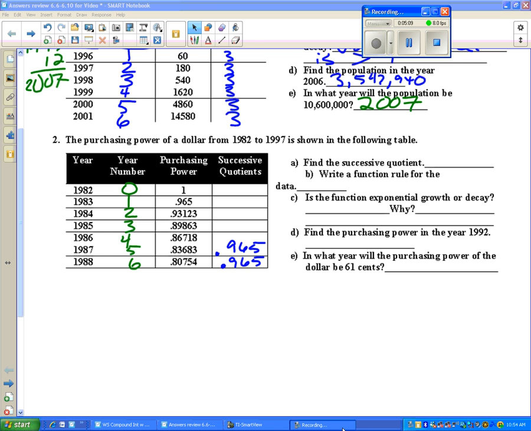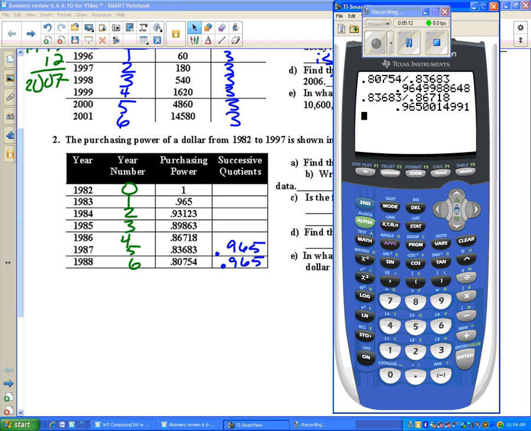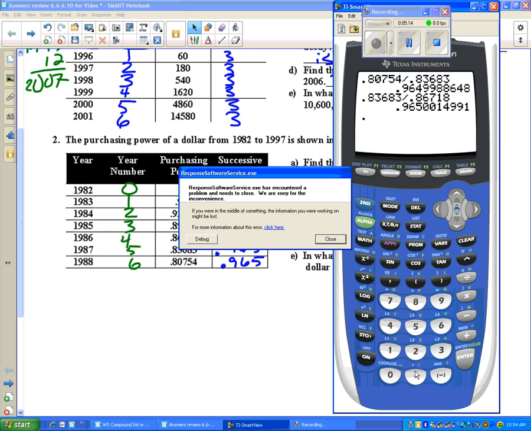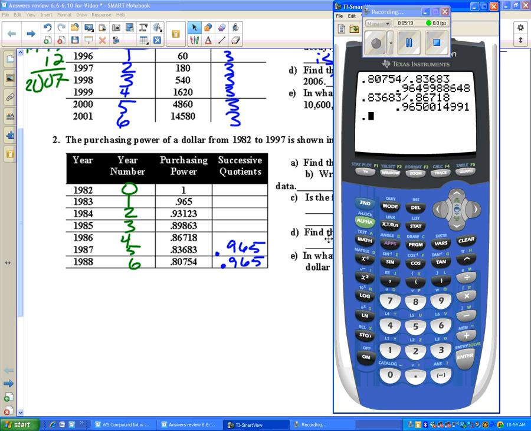Continue with my calculator. 0.86718 divided by the one above it, 0.89863. I put 2 decimal places. 0.965.